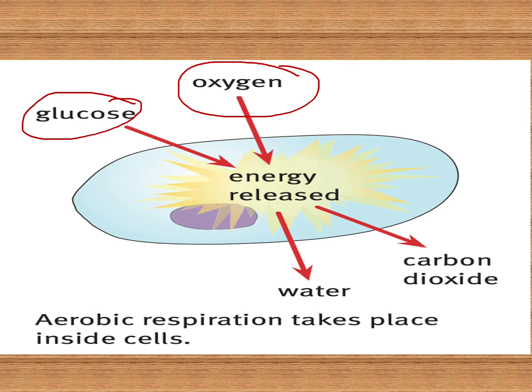There inside the cell, oxygen and the glucose, they both will react with each other. They both will meet with each other and they will react to form carbon dioxide, water and energy. Such a reaction, such type of respiration where glucose and oxygen react to form water and carbon dioxide with the release of energy, is called as aerobic respiration.